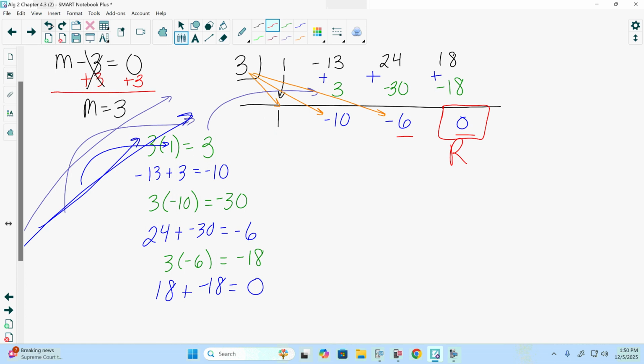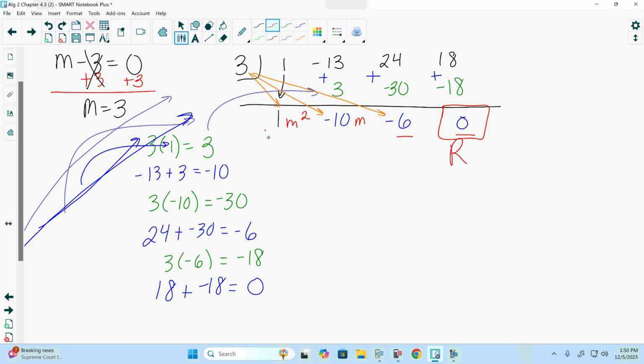The number in front of it, our 10, would be m to the first power. And then our 1 would be m to the second, because all we're doing is increasing the degree by 1. No variable, m to the first, m squared. If there was a number after the 1, it'd be m to the third, m to the fourth, m to the fifth. We just keep going up by 1.